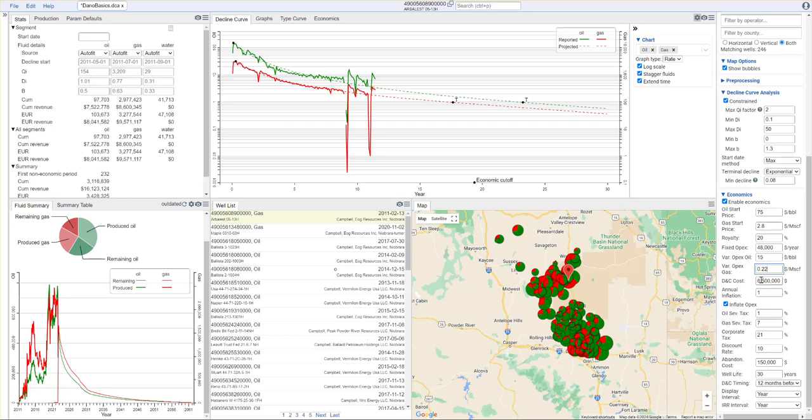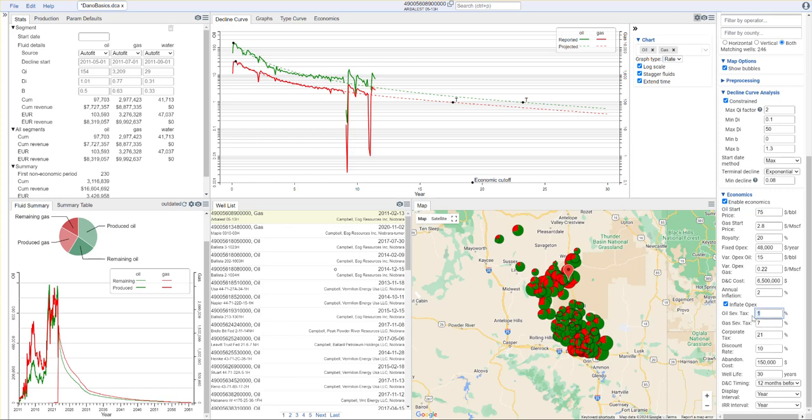We also need to know our drilling and completion cost, and then we need to decide what to do with inflation. We're going to set inflation, let's say, at 2% for this well, and we're also going to inflate the OPEX. So yes, our oil and gas prices are going to increase in this scenario, but our OPEX is going to increase along with that.